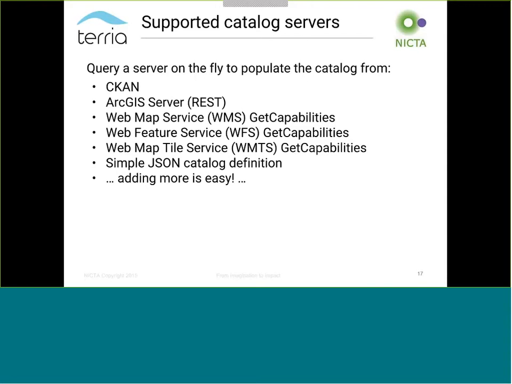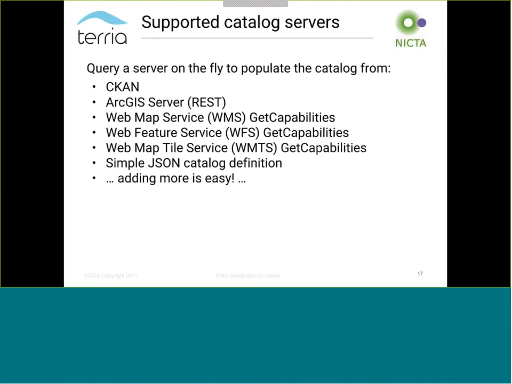A neat feature of that is that subgroups within that catalog JSON format can reference other catalog sources. So it's possible to build a catalog from heterogeneous sources. And you actually saw that in the National Map demo, where different states had different sources. Victoria, for example, is populated from Victoria's CKAN server, whereas others came from querying ArcGIS or WMS servers directly.